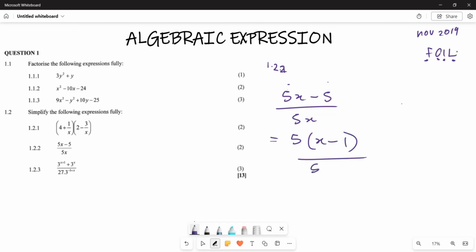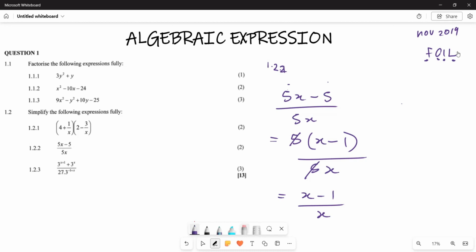Then on this side, you are still left with 5x. And now, because you have a bracket, and this bracket means multiplication, these 5s can cancel each other, right? So basically your answer here is the same as x subtract 1 divided by x. So basically, that is how you can solve this particular question.